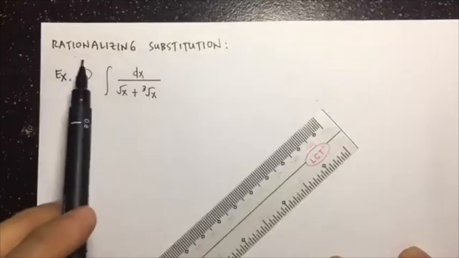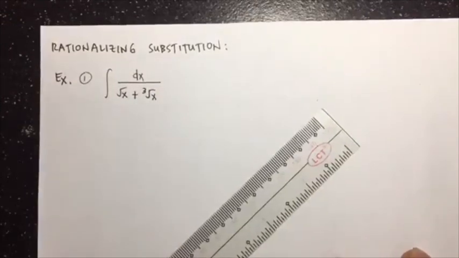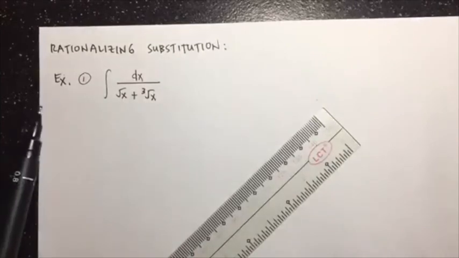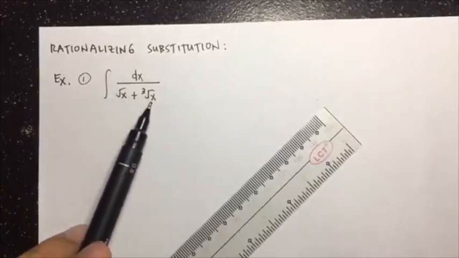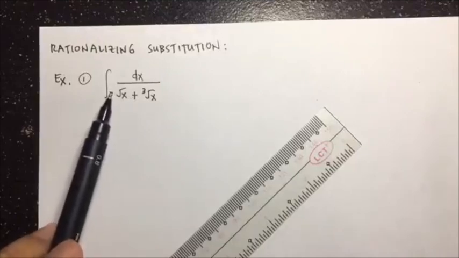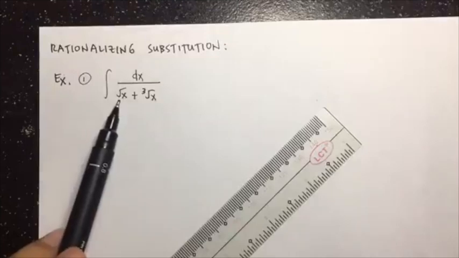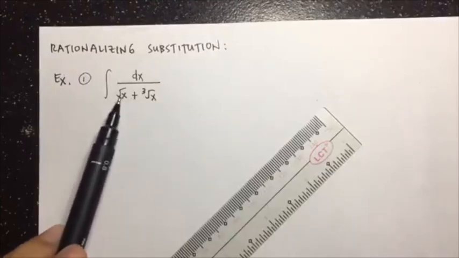For rationalizing substitution, we will substitute a new variable in such a way that when we substitute the new variable, we can get rid of the radicals. In selecting the value for our substitution, we must first look at the radicals.